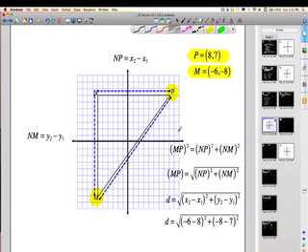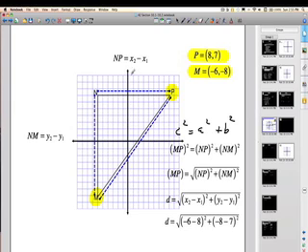So we've basically taken c squared is equal to a squared plus b squared. I've replaced the c, a, and b with the names of my line segments. And then if I take the square root of either side, you can see that the distance MP is equal to the square root of the distance NP squared plus the distance NM squared.